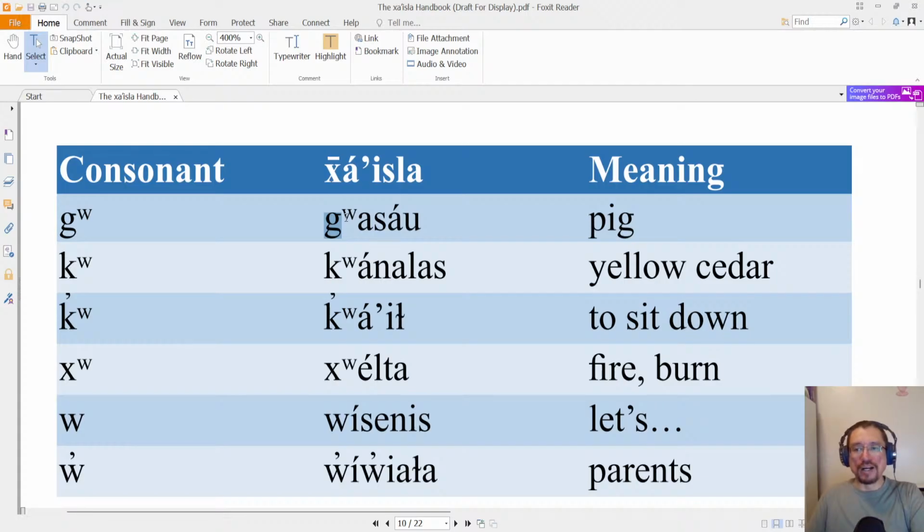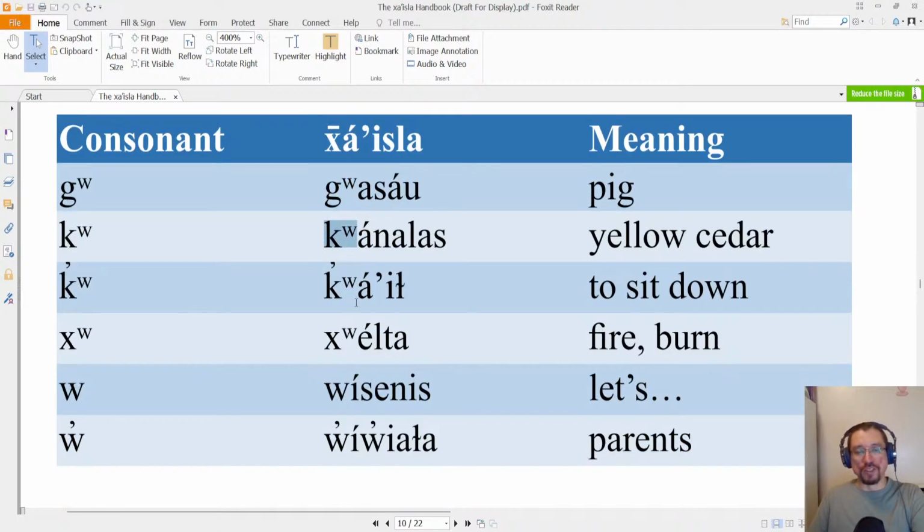So watch my lips as I make each sound. Ga, gua, ga, gua. So you notice I'm rounding my lips before I even make the gua sound. So that's why it's a small raised W. It's because it's part of this sound. They're not separate sounds. You pronounce them together. So you say a k sound and then wa, kwa.